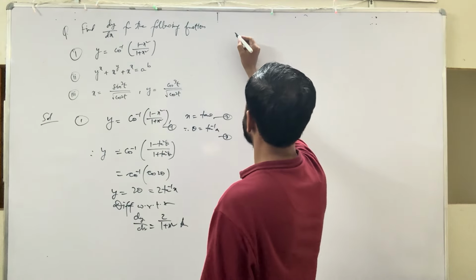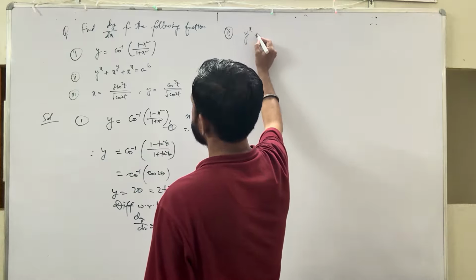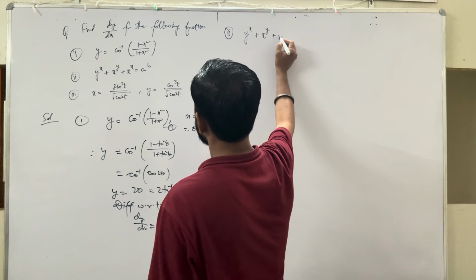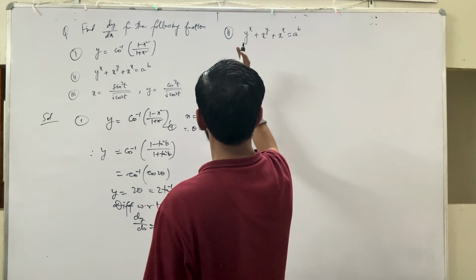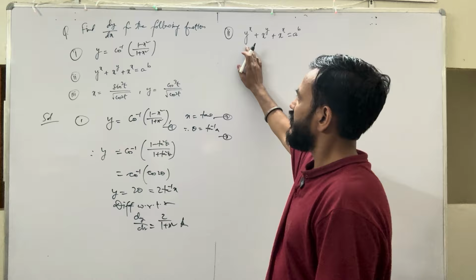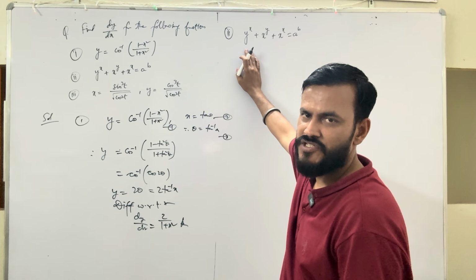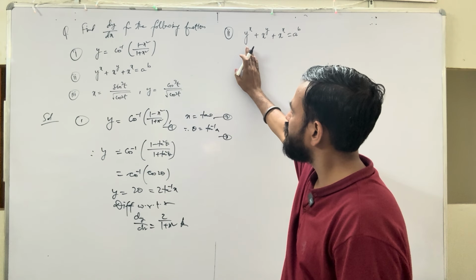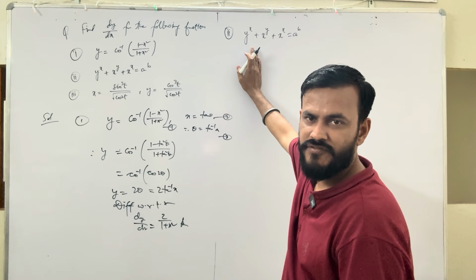Now we come to the second question: y to the power x plus x to the power y plus x to the power x equal to a to the power b. Now this is in revision classes, like in the last video I showed you, if you have a variable over a variable, one should use logarithmic differentiation.